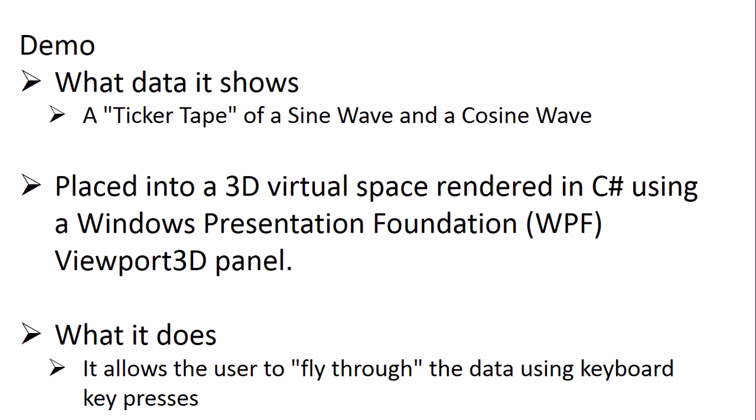It loads the data into the model and then plots the data into a 3D view such that time is along the x-axis of the view, the data is along the vertical axis, and multiple tickers are placed moving back into the 3D space. After the data is loaded, the user may then inspect the data from different vantage points by using the keyboard, either to slew around in the virtual world or to fly through it.